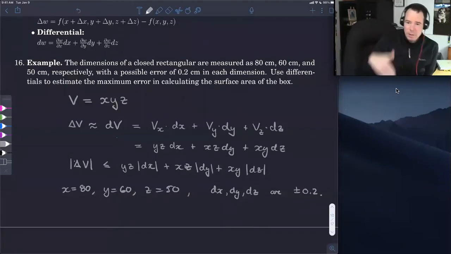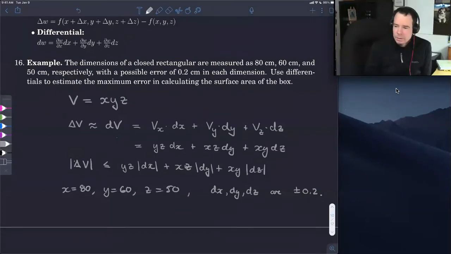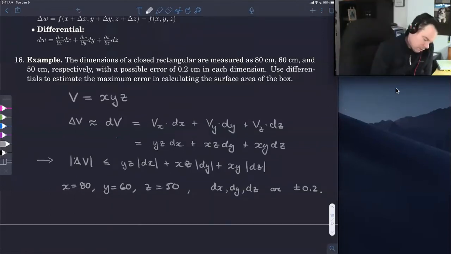So they could be overestimates or underestimates. So there's this plus or minus part. And because of this plus or minus, that's where I use these absolute values. I just said, well, I'm interested in what the magnitude of the error is, and it's at most this.